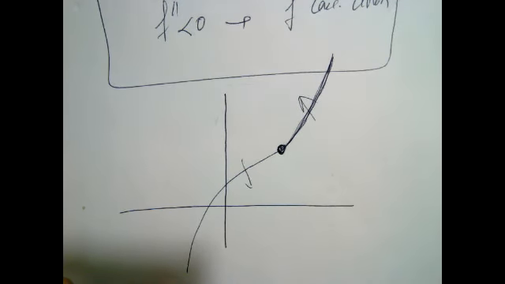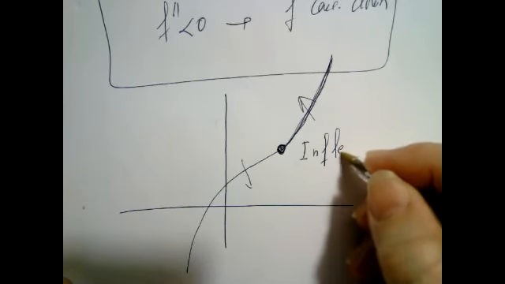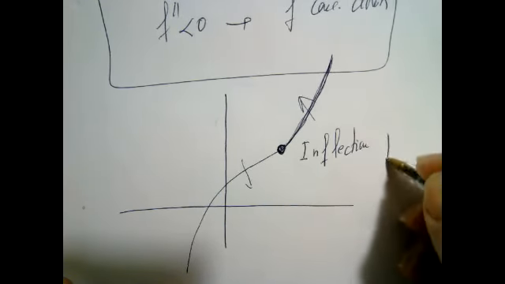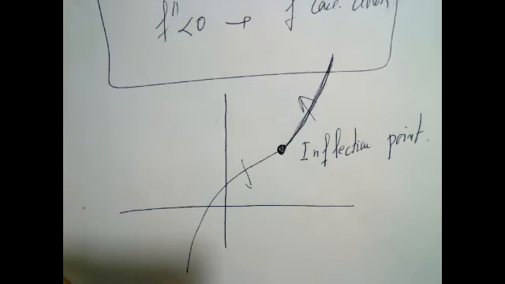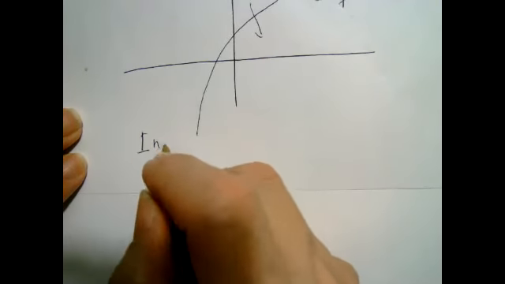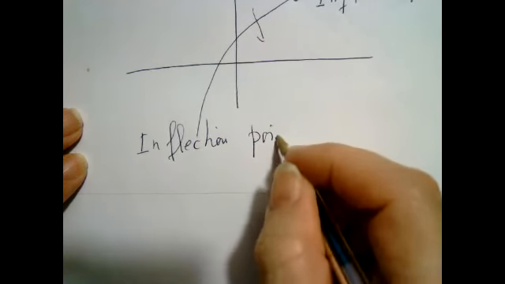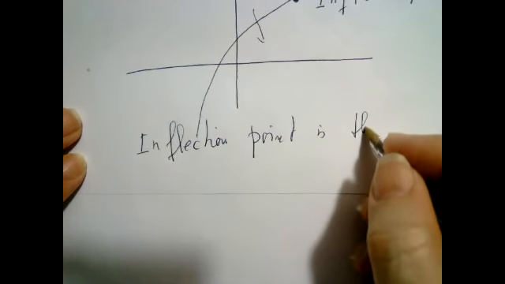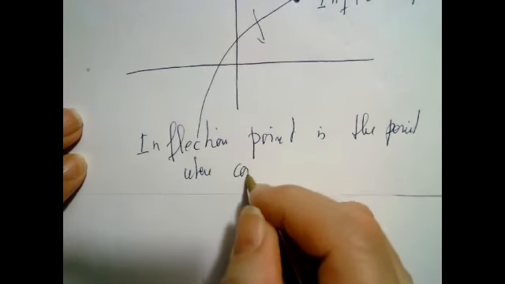This point has a special name, the inflection point. So what is the inflection point? The inflection point is the point where the concavity changes.